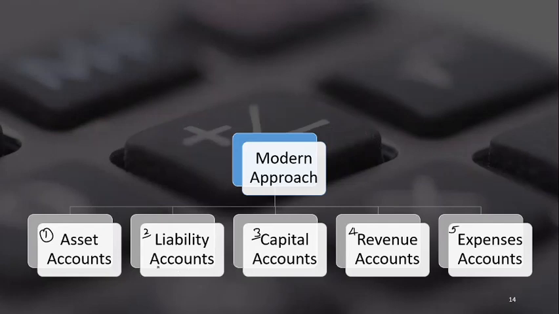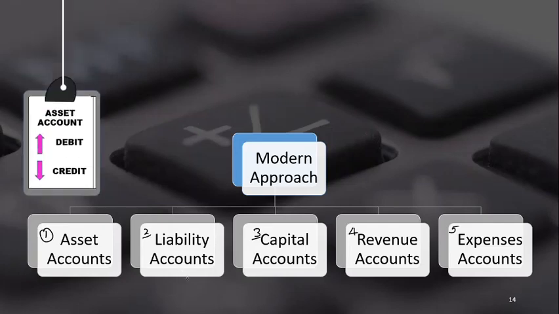Now in this approach, these accounts again have some rules: asset has a different rule, liability has a different rule, capital again. So let's understand this. When you are preparing an account, for the asset account, what is to be debited, what is to be credited; for the liability account, what is to be debited and what is to be credited.